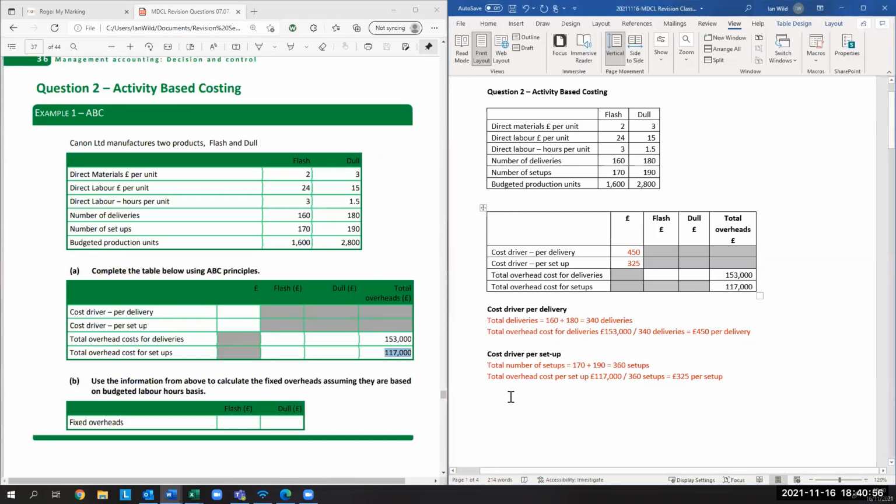Let's start with the total overheads for deliveries first. We now need to refer back to our question. Let's do Flash first of all. We look back to the question and we can see that Flash has 160 deliveries. So we'll make a note of that.